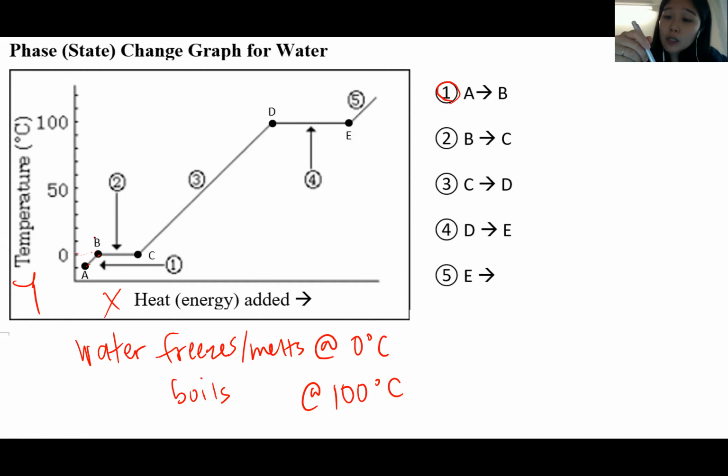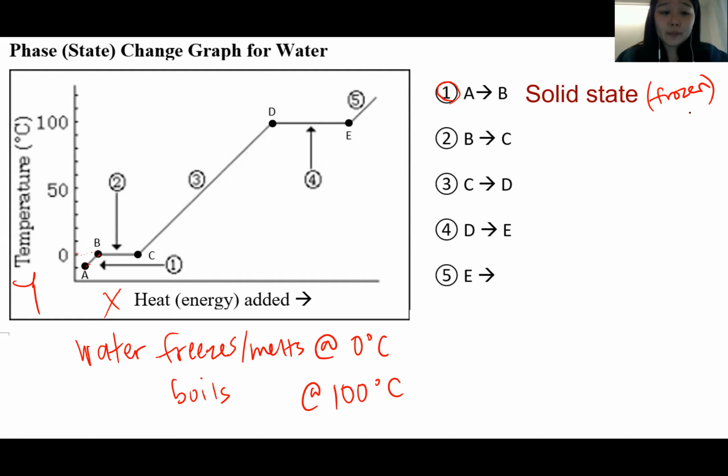Is it going below 0 degrees or above 0 degrees? It looks like A has a lower temperature than 0 degrees Celsius. So water is at a solid state, right? At below 0 degrees Celsius, water is frozen. So it's a solid state, okay?